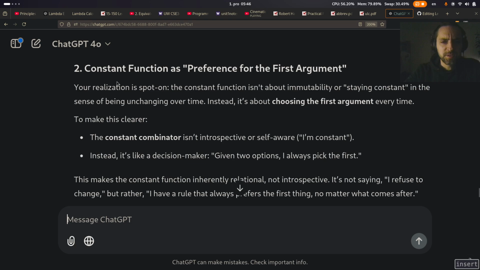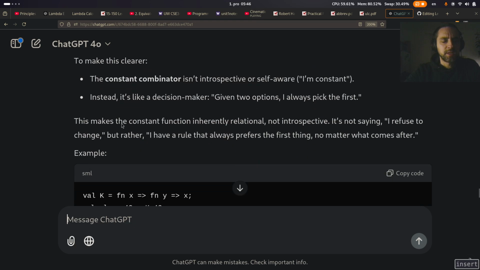The constant function isn't about immutability or staying constant, in the sense of being unchanging over time. It's about choosing the first argument every time. So the constant combinator isn't introspective or self-aware, I'm constant. Instead, it's like a decision maker, giving two options: I always pick the first.